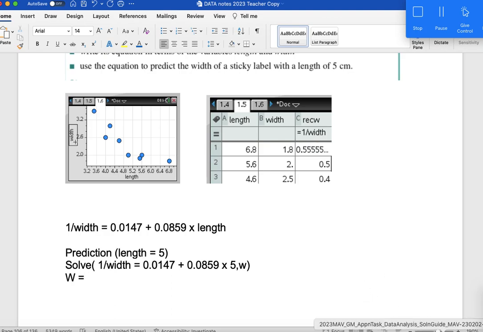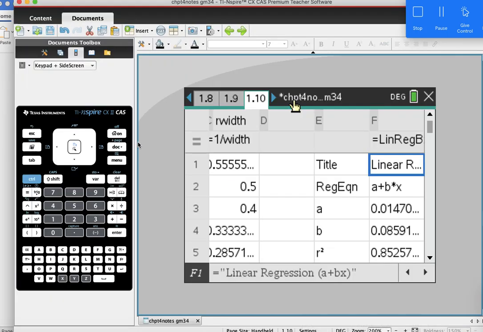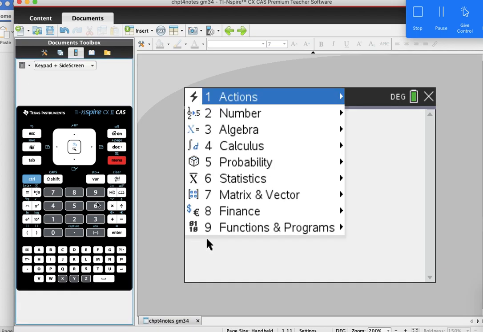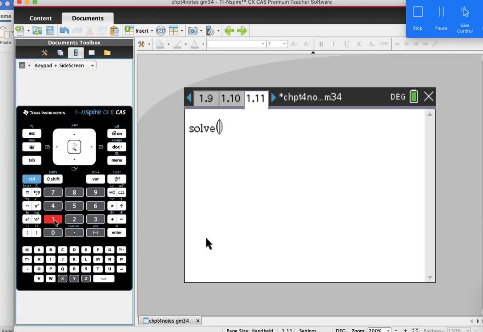Actually, I'll do it over here on my calc. So how do we get the solve function? We haven't used this for a while. Menu 3.1, yeah. And I want to write a reciprocal, 1 over W. So do that fraction template exactly. Write exactly what you've got for your formula.